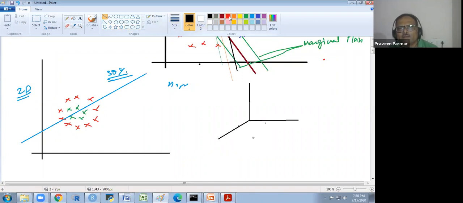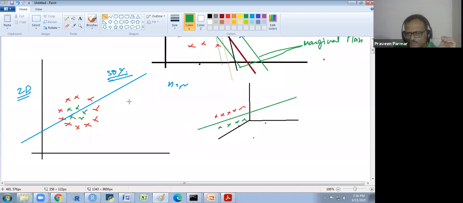Now you see we are getting it this way. Multi-dimension. Now you could draw one hyperplane over here. So we use some kernel to take this into high dimension. Does that make sense to everyone? Yes, sir.